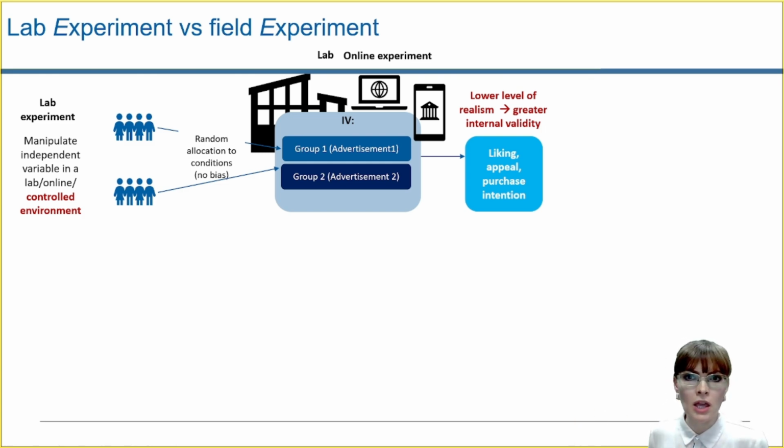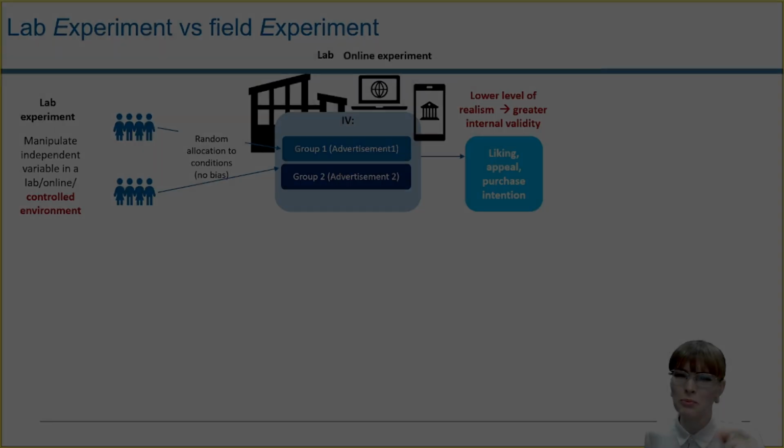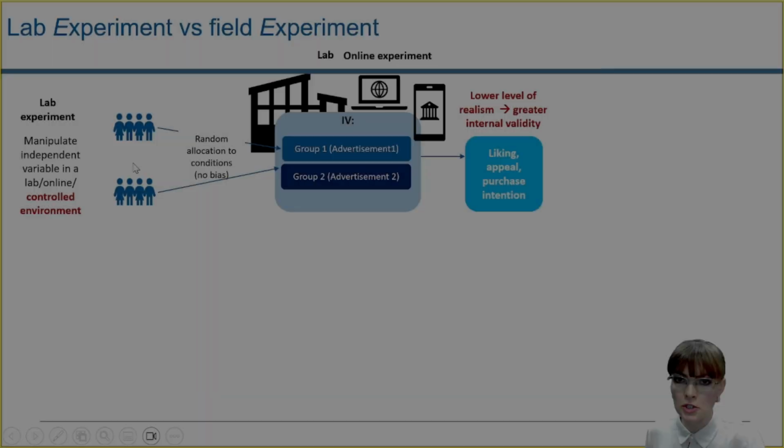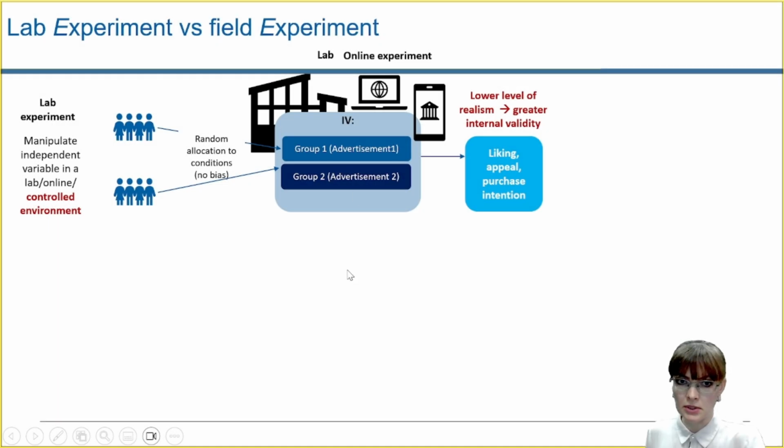But not everyone can afford having a lab, or sometimes it's just not feasible because it may take longer to collect your data. So online experiments are very popular at this stage in social sciences and in marketing. Just keep in mind that it does not allow as much control as you would have in a lab experiment.